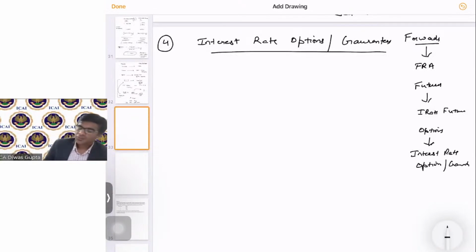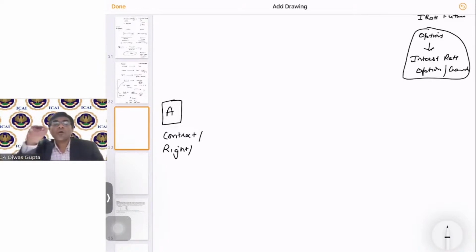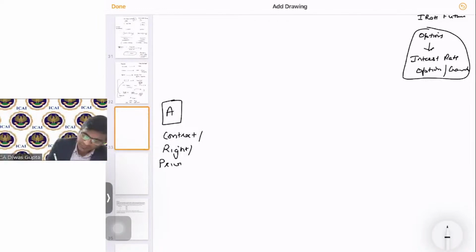Just to elaborate further, let's focus on this contract. Here I have A mentioned as a contract or a right. Please understand this A is a contract itself. It is not a party. It is nothing to do with anything else. It is just simply a contract which has a right or a privilege, but it's not an obligation.